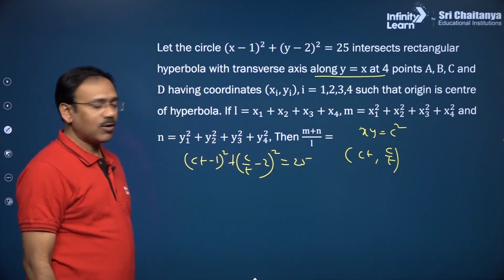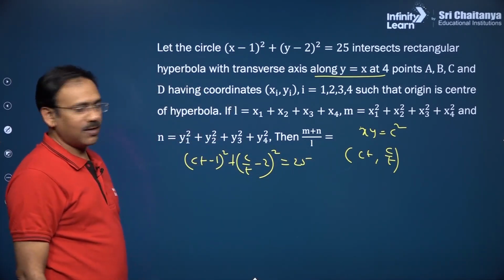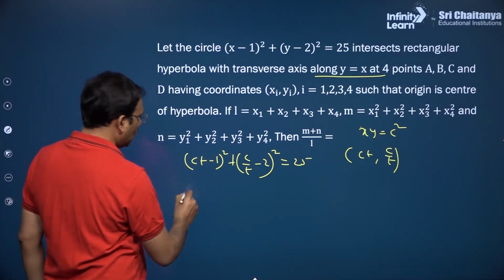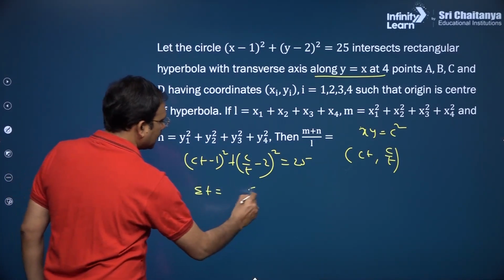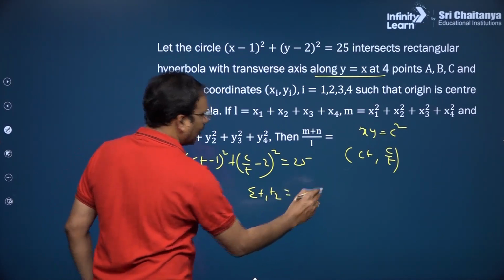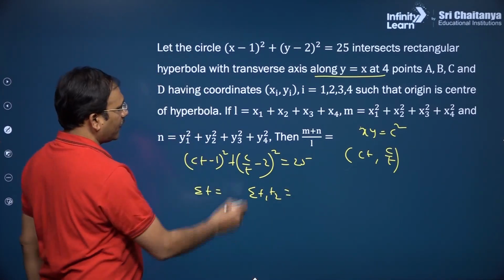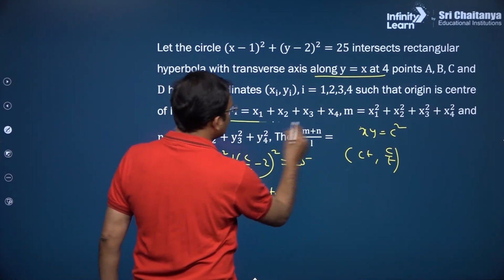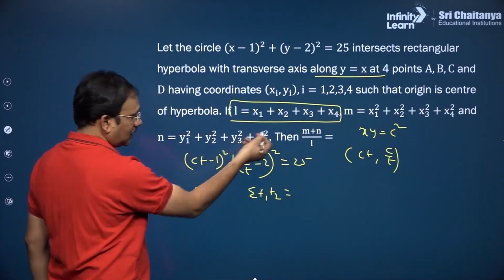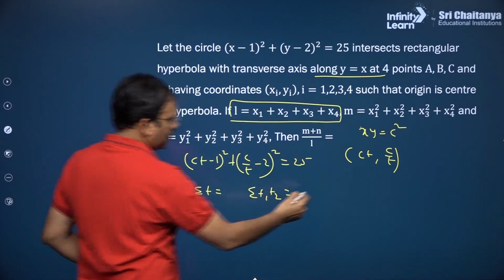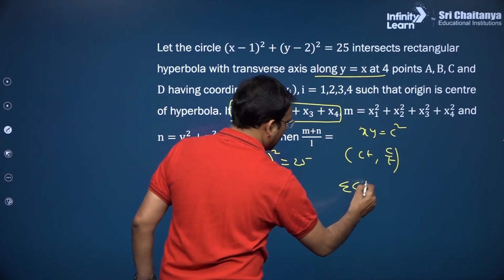You will get a biquadratic equation in terms of t, my dear friends, where you can find sigma t, sigma t1 t2 and all. So the first one he said L is sigma, this one, this is nothing but sigma c ti.